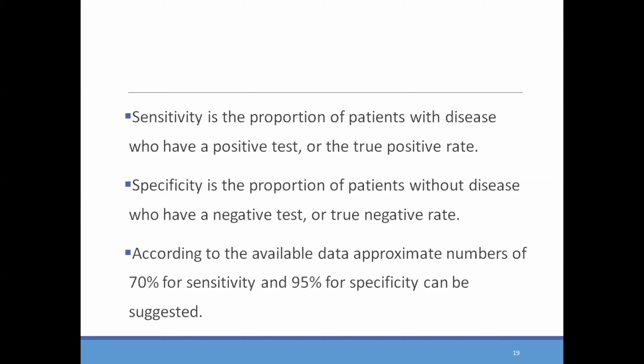The specificity means the patients without the disease who have a negative test, or the true negative rate. Without the disease, reported as negative. Now, if 100 people don't have the coronavirus or COVID-19, and if 95% are detected as negative and only 5% detected as positive, that means the specificity of the test is about 95%.